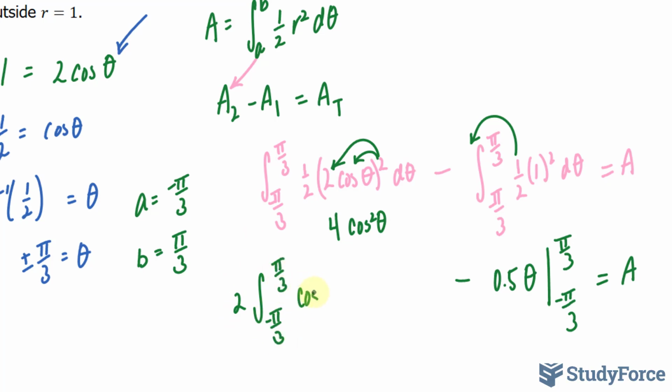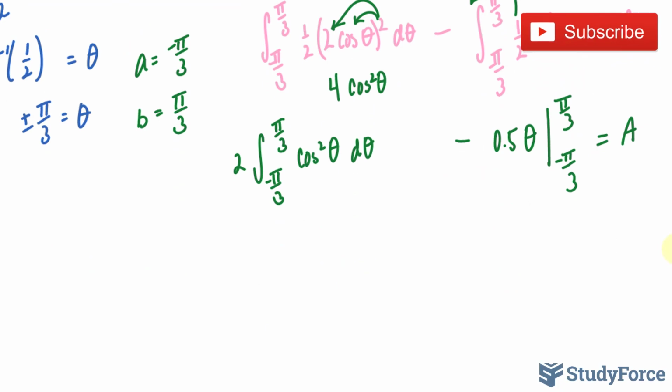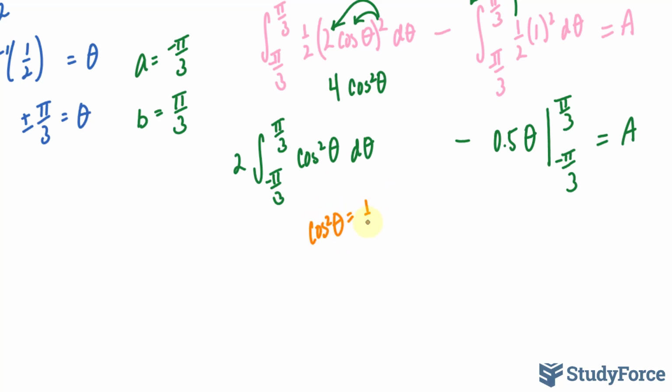And I have cosine squared theta d theta. Integrating cosine squared theta is hard because you need to use an identity instead of cosine squared theta to make it easier for yourself. The identity that I'm thinking of is the same identity that I used in question number 2 and question number 1, which is cosine squared theta is equal to half times 1 plus cosine 2 theta.